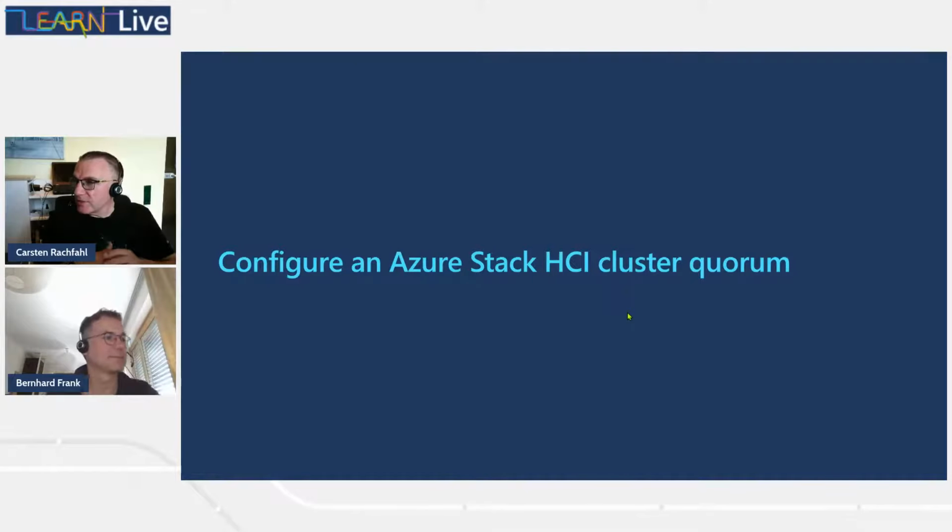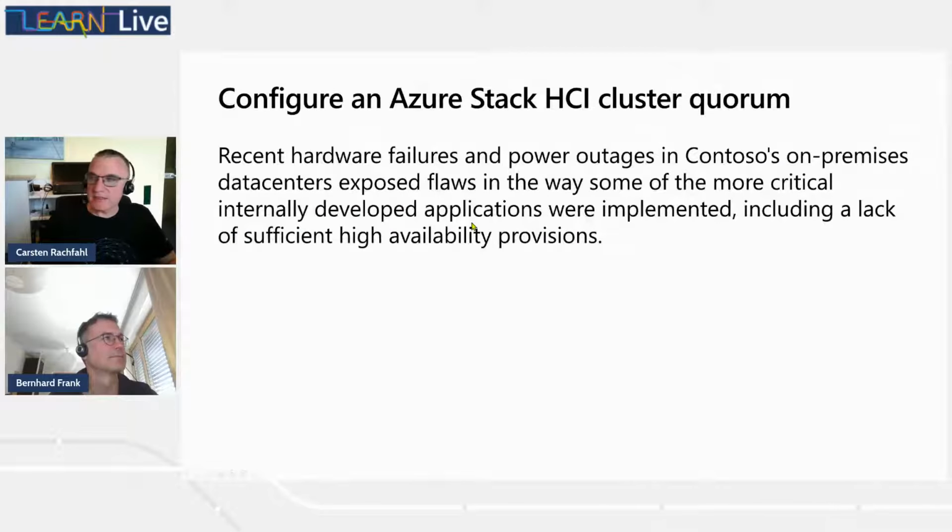So we talked a little bit about a quorum. A cluster has to have a quorum. And how do we configure an Azure Stack HCI cluster for a quorum? The customer scenarios had failures in recent times, and they exposed flaws in their POC, so they want to have more high availability.